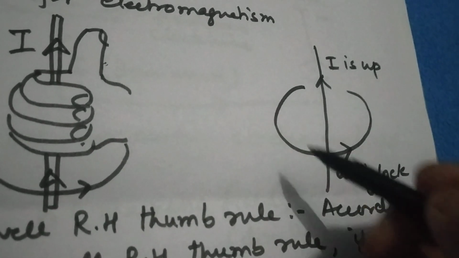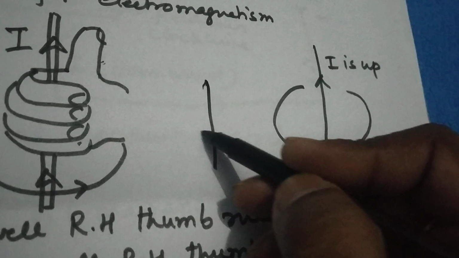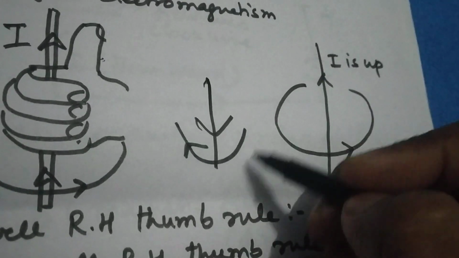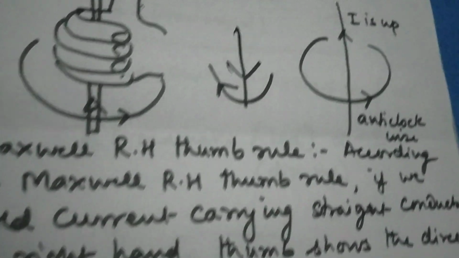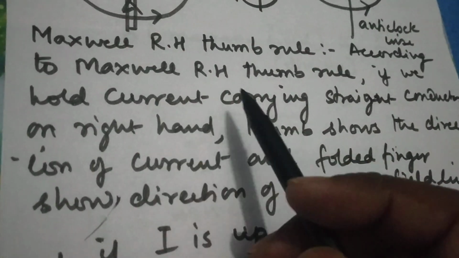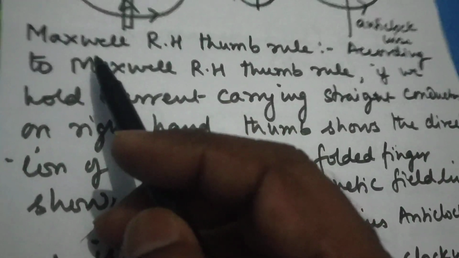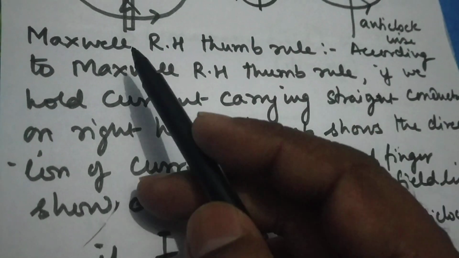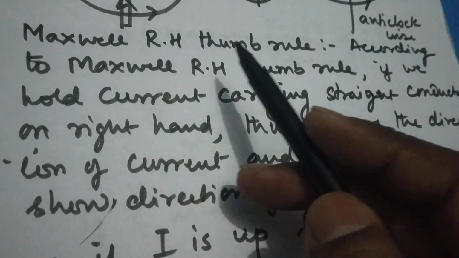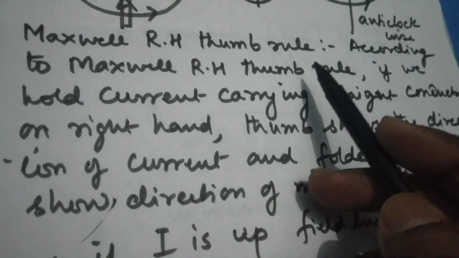If it is reversed, if the current is going down, the field lines will go in the clockwise direction. So how will you define the rule? According to the Maxwell right hand thumb rule. This is the rule taken for electromagnetism, showing the direction of current and magnetic field lines.